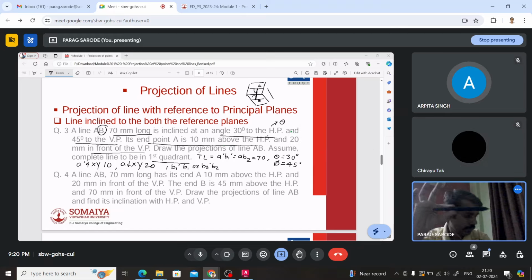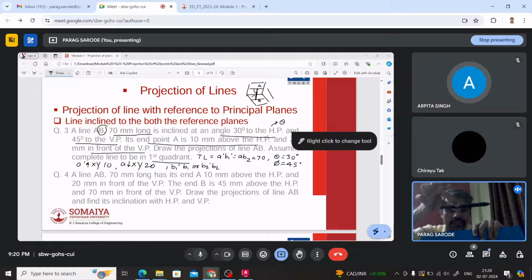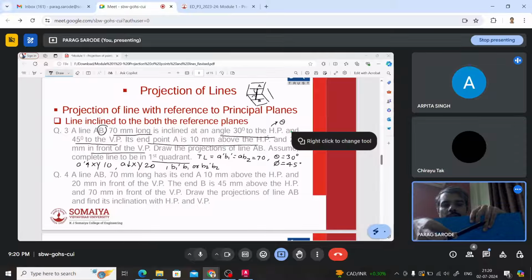This is a plane, right? This is some reference. Okay. So the line is now inclined to only one reference plane. Able to see this? Yes, sir. Now making the inclination with one plane, the line is now inclined like this. So this is the case of a line inclined to both the planes. Okay, sir. Understood.